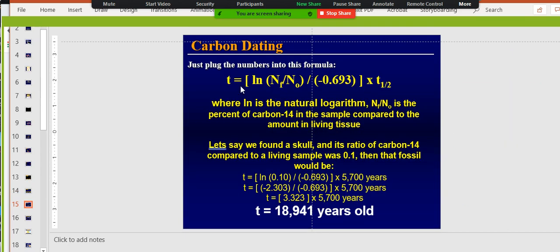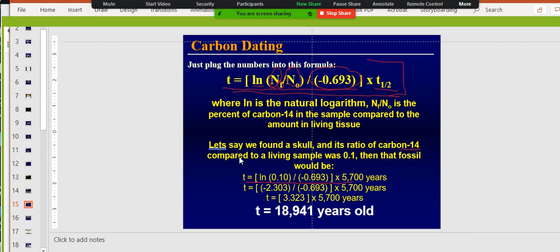All right. So this is exactly how scientists determine the dates. This is a natural log value. This is the half-life. This is the ratio of free nitrogen and bound nitrogen. You don't need to know this for the test. It's kind of just for math geeks, I guess. But anyway, you can plug in these numbers. Let's say you found a skull.